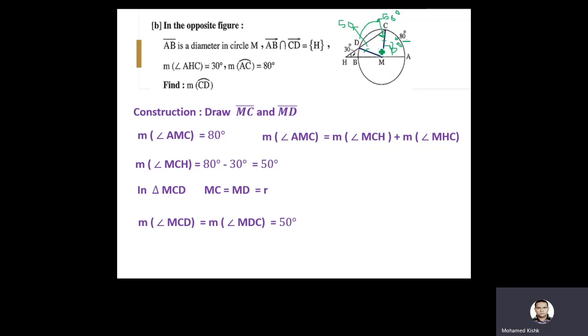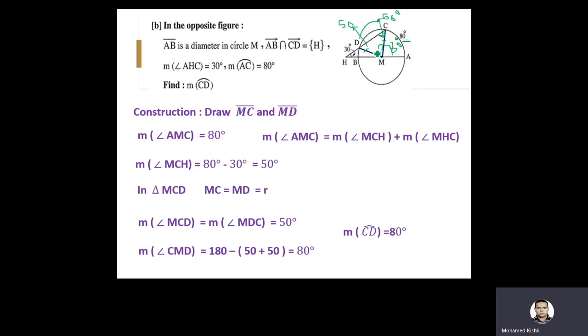In this case, we can find the measure of this angle. Yes, 180 minus (50 plus 50) will be 80. So the measure of the arc ABC is equal to 80 degrees also, because it's a central angle and this is the arc opposite to the central angle.